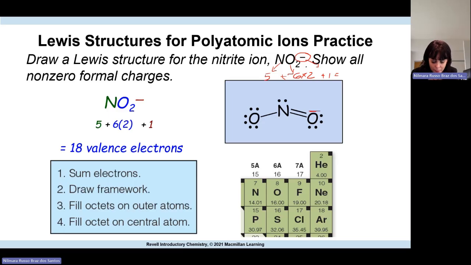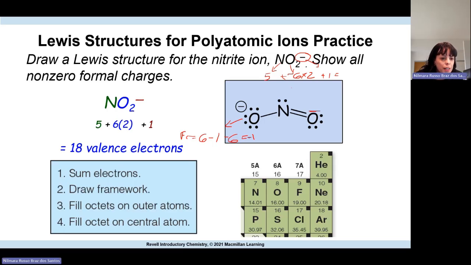Good? Everybody happy? So now if you calculate the formal charge, you're going to see where the formal charge is located. Formal charge of oxygen will be 6 electrons minus 1 bonding minus 2, 4, 6 electrons, so minus 1, right?